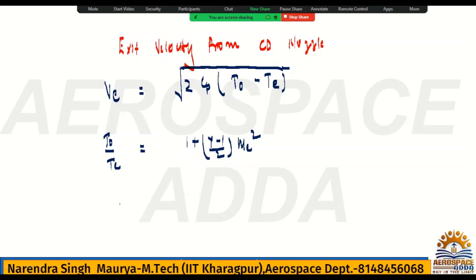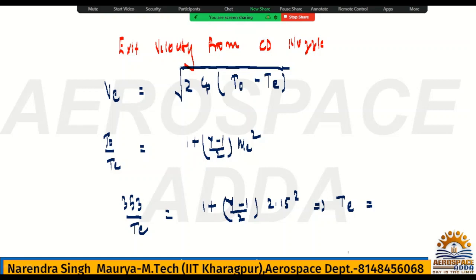So 353 divided by Te equals 1 plus (gamma minus 1) by 2, Me is 2.15. If you solve for T exit, you may get it. It is 183.4, near about, no? A little variation is also possible, but approximately this value you may get, because it is fully expanded.